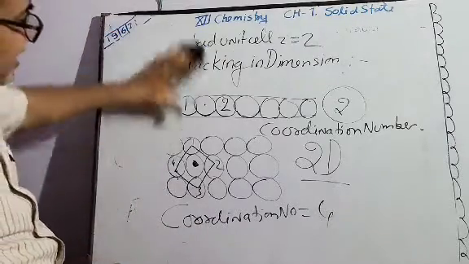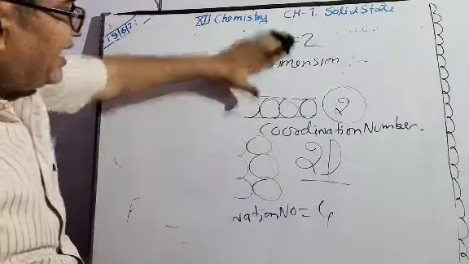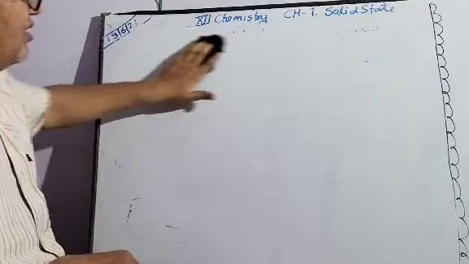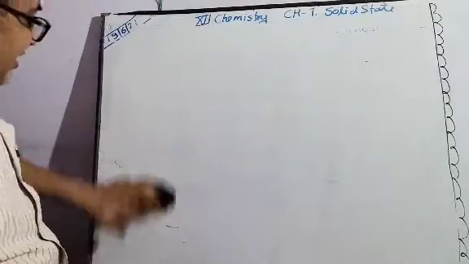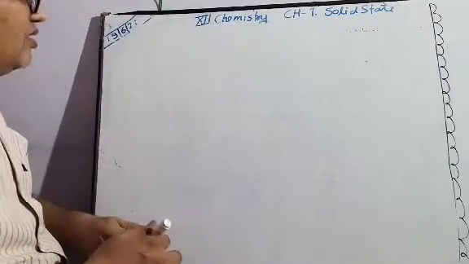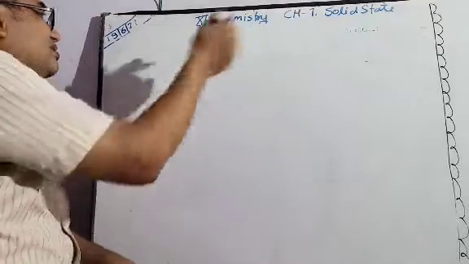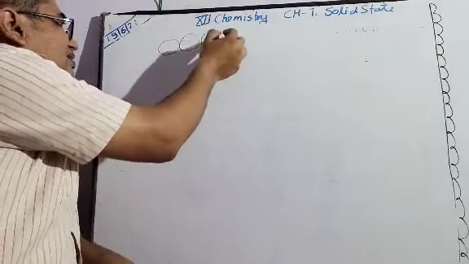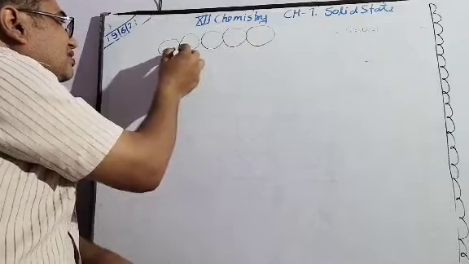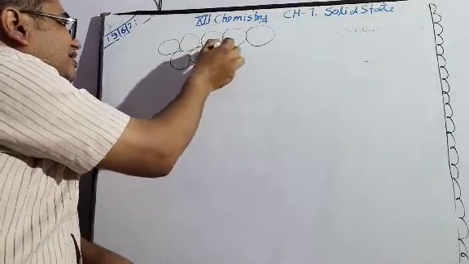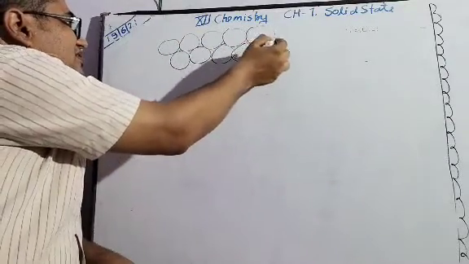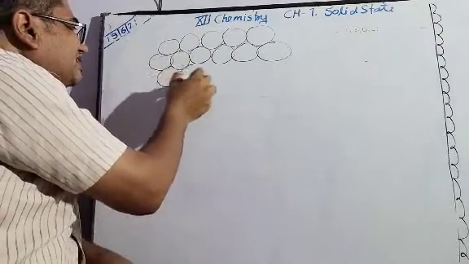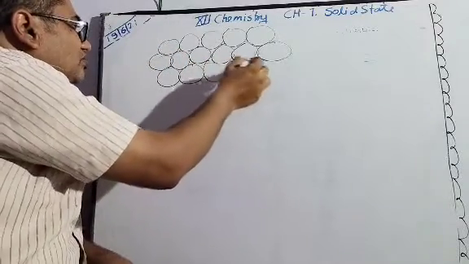Now if we arrange these balls or atoms in the holes, in that way we will form a very important 2D close packing, that is hexagonal close packing. But we have to remember that for hexagonal close packing we have to make these atoms attach in the hole.